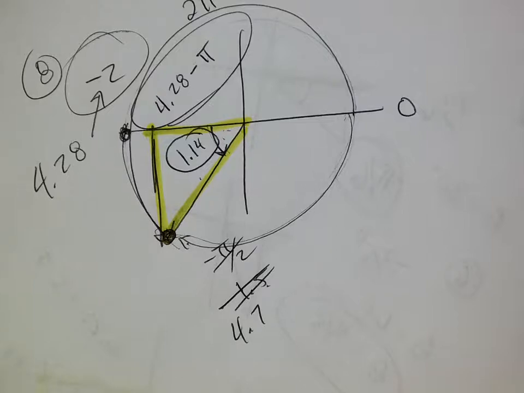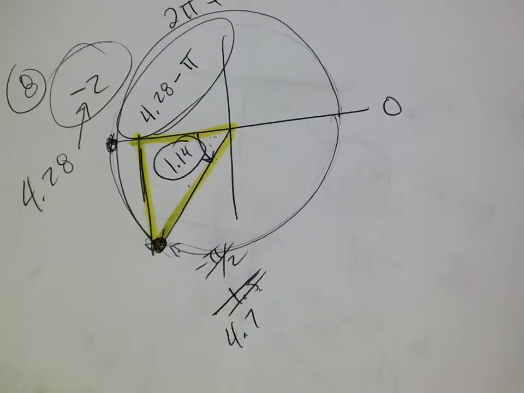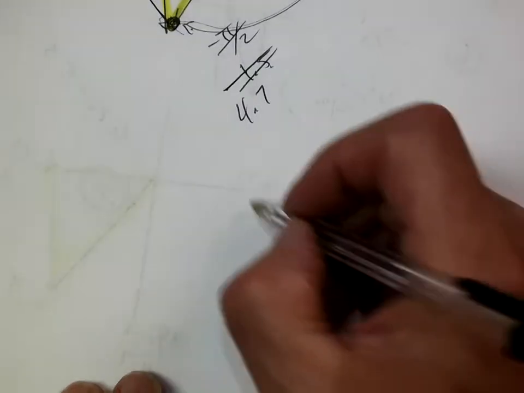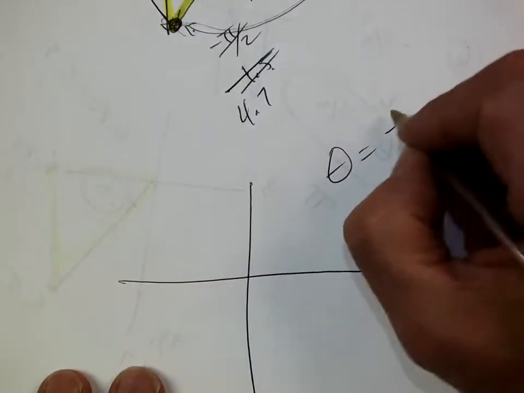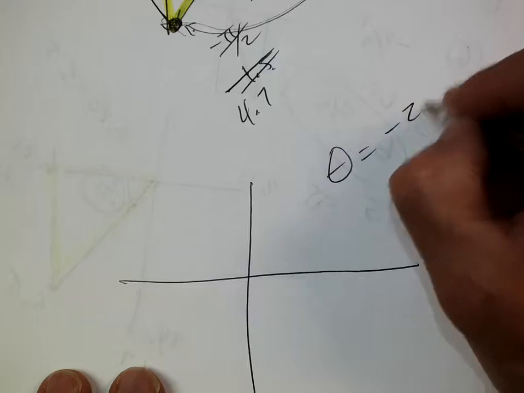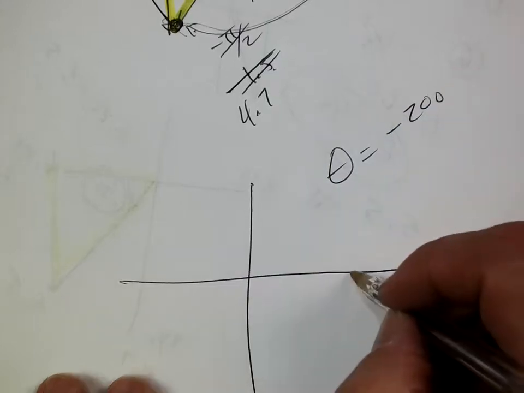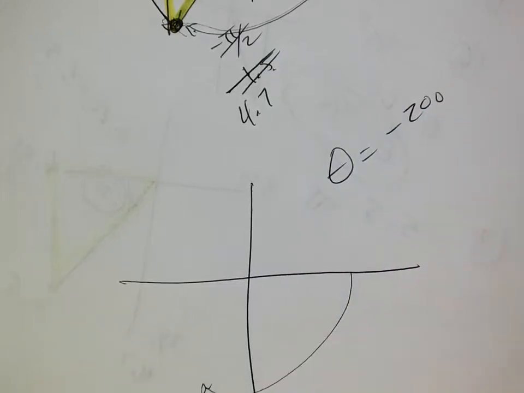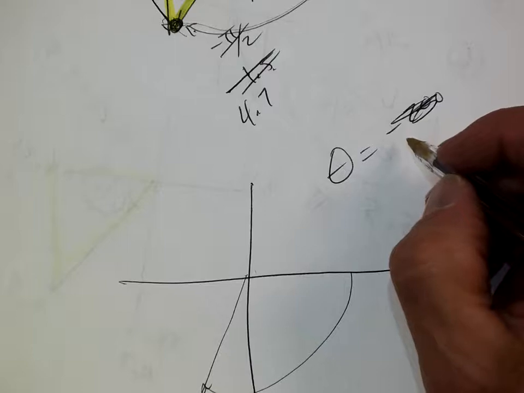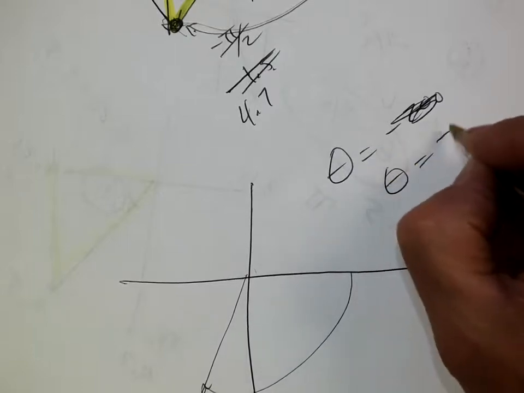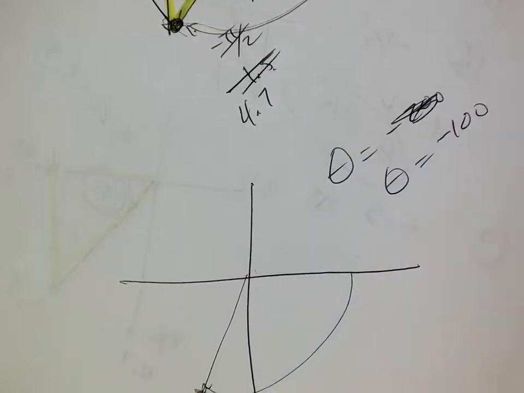Right, so let's do it in degrees. You'll see it if I do the whole thing. Let's say theta equals negative, let's go negative 100 degrees.